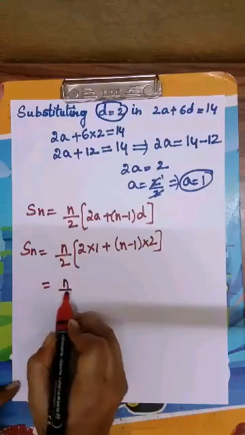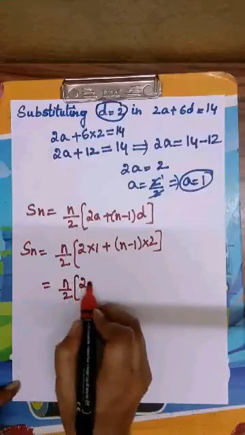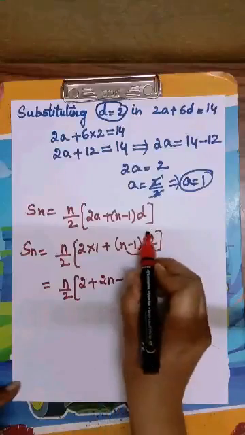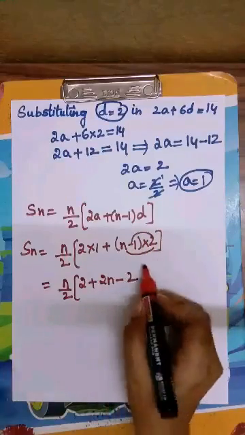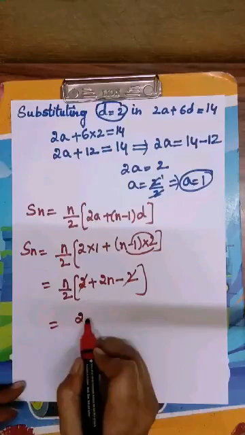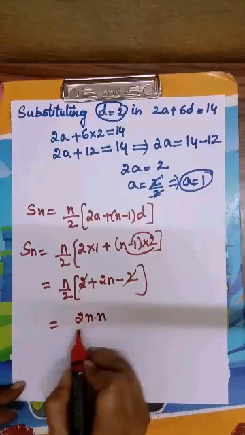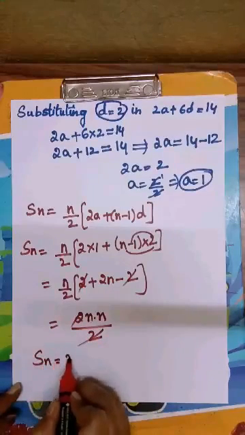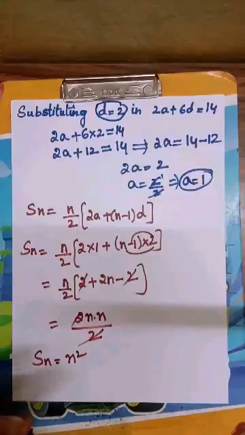That is n by 2 into 2 ones are 2 plus 2 into n is 2n minus 2 ones are 2. 2 minus 2 get cancelled. So 2n into n by 2, 2 get cancelled. Sn is equal to n square. Now next problem.